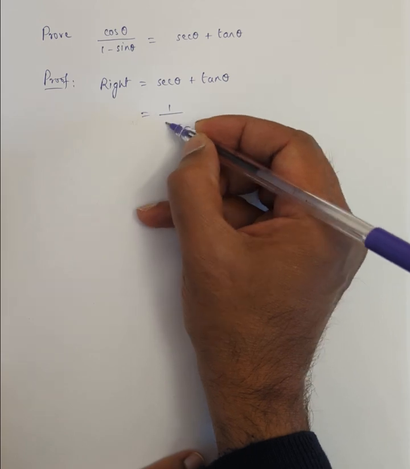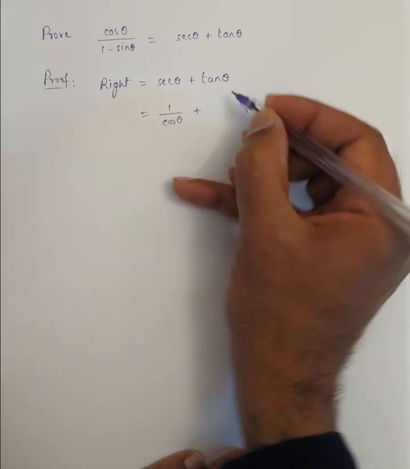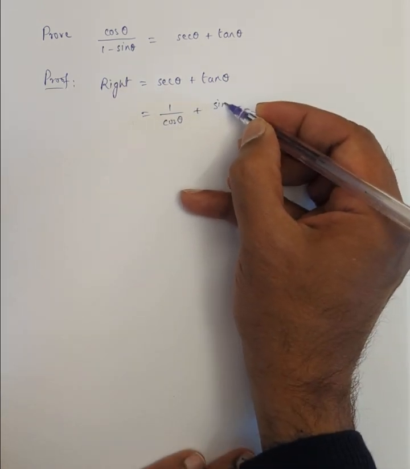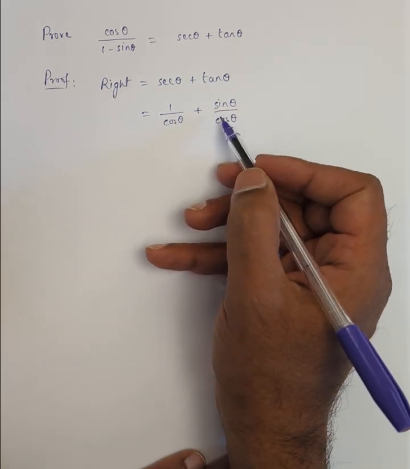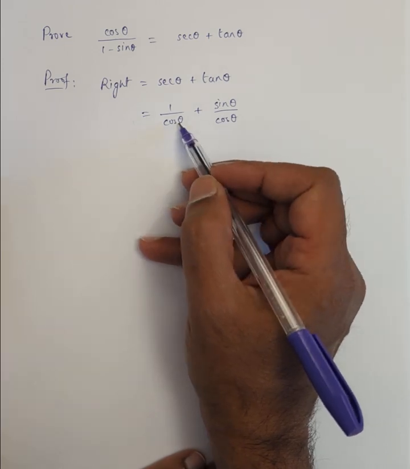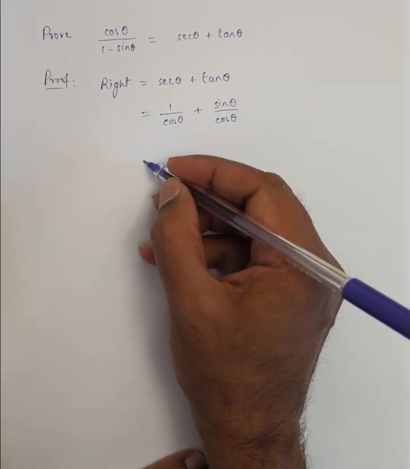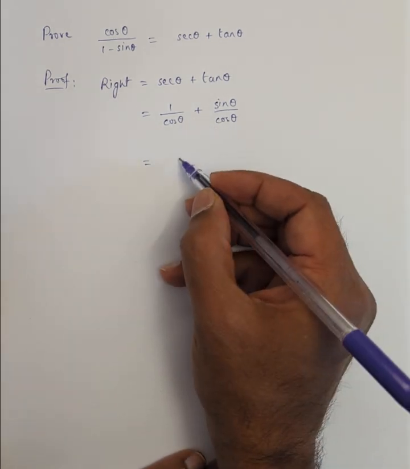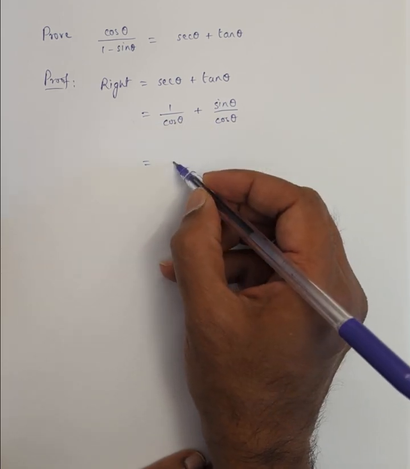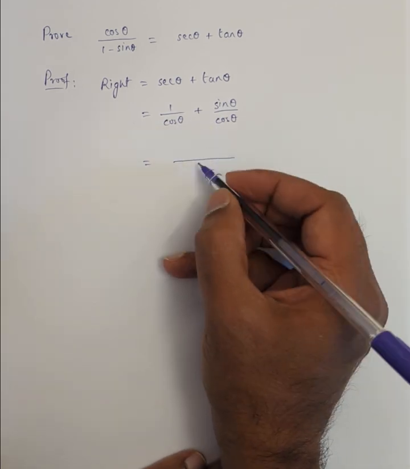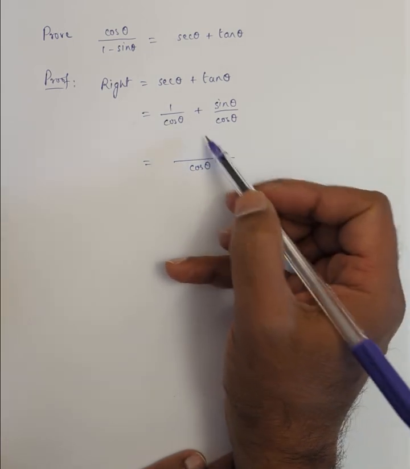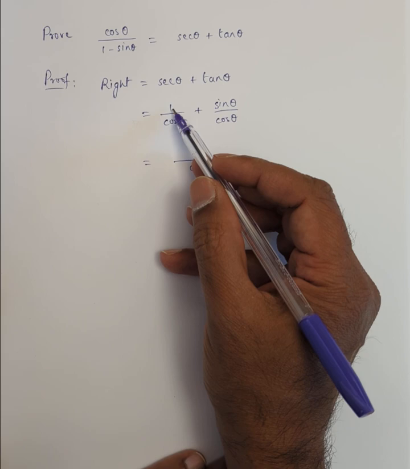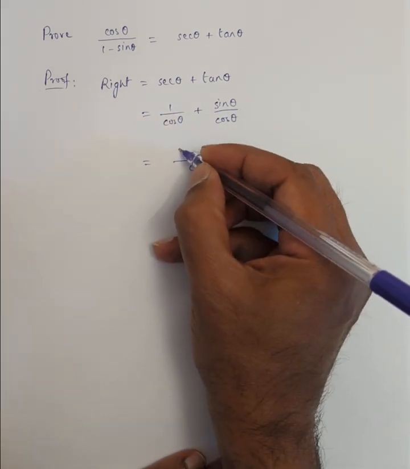Secant is 1 over cosine and tan is sine over cosine. Now, if I have to add these two fractions, if they have the same denominator, then I don't have to cross multiply. I can take the common denominator. In that case, your numerator will just be 1 plus sine theta.